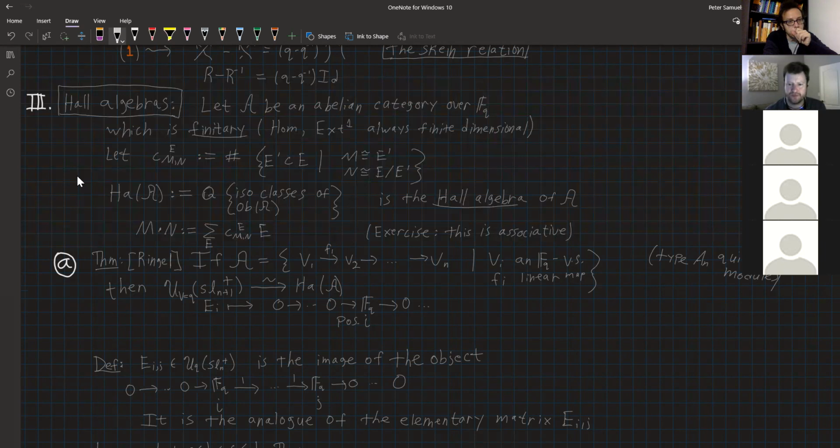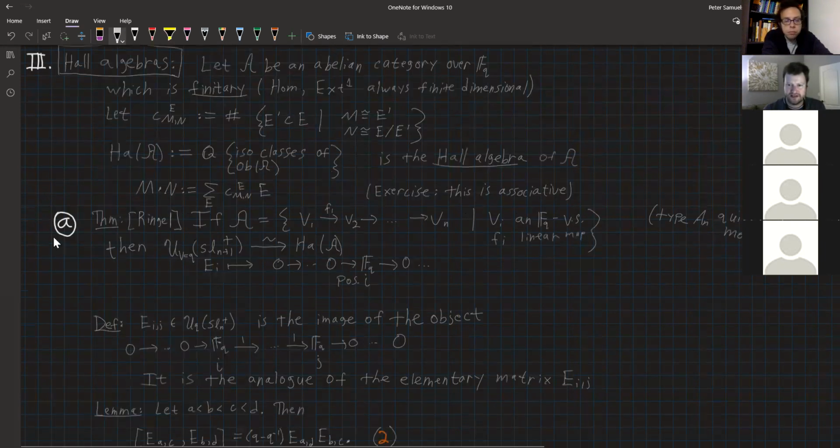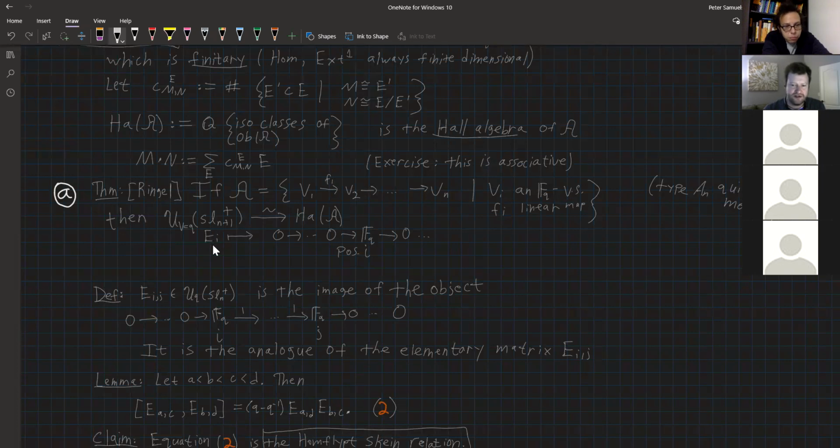Right. So now I wanted to say a little more. Usually when you work with these quantum groups, you just work with the generators E_i, F_i, and K_i. But there's a larger set of generators which has some nice relations.